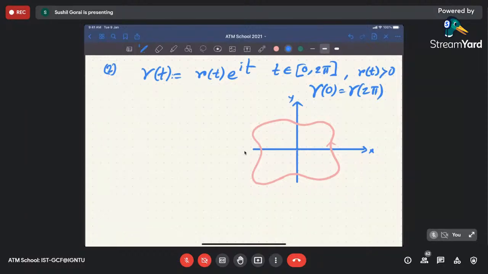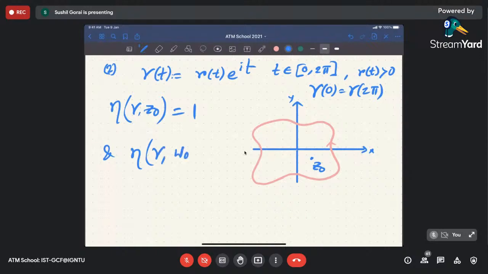So from the picture it is very clear, but you can actually show that the winding number of gamma with respect to z naught, where z naught is inside here, is 1, and for w naught lying outside, it is 0.